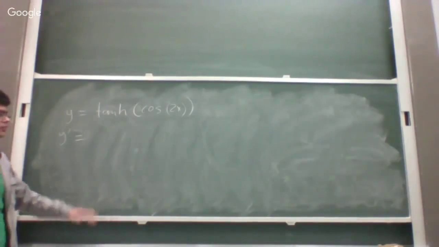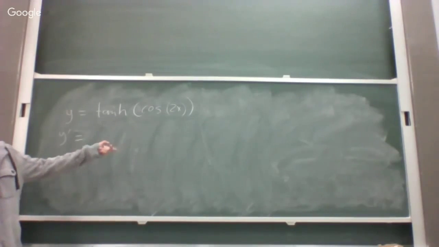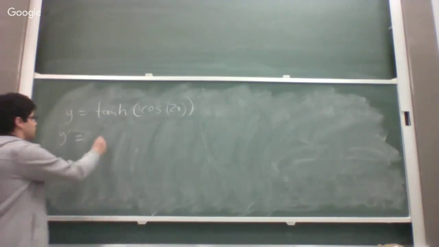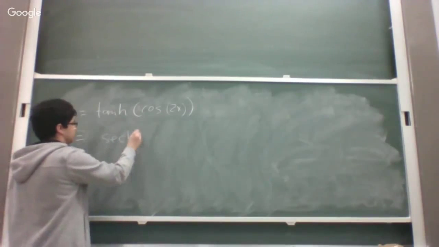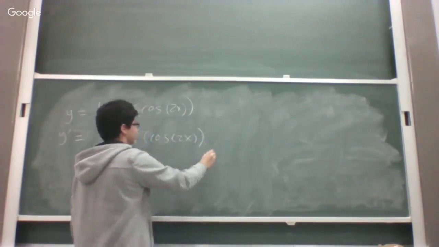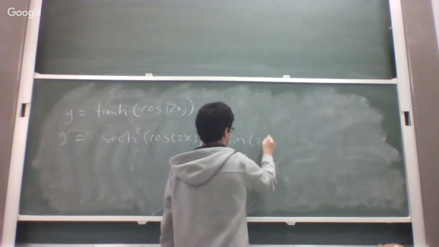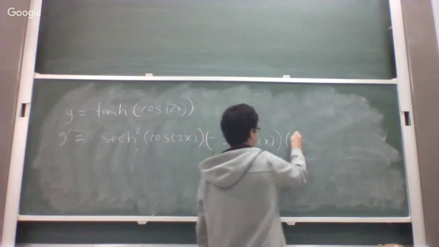This should be really easy, essentially, because it's sec squared of cosine 2x times negative sine of 2x times 2.